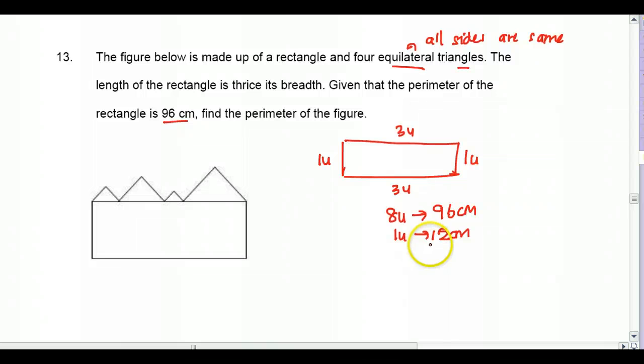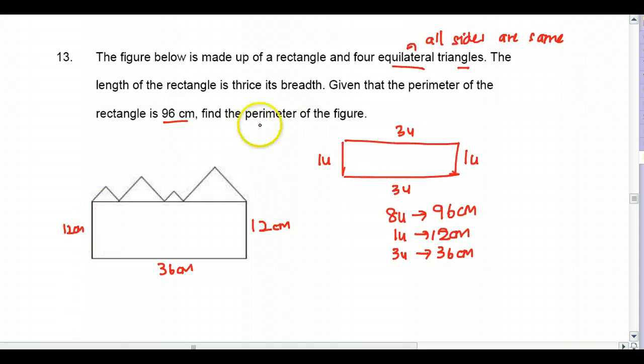Okay, so now I want to find the perimeter of the figure. So 1 unit is 12, so I know this is 12. I write down 12 cm. My length would be 3 units, which is 12 times 3 is 36. Let me write down here 36 cm, 12 cm.